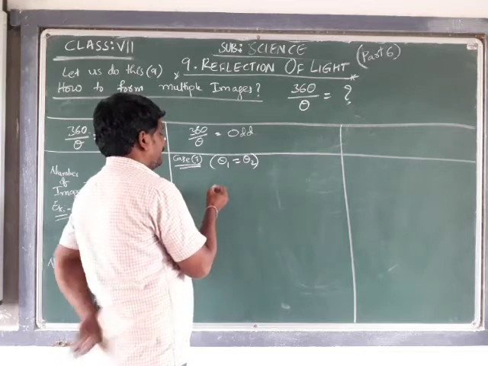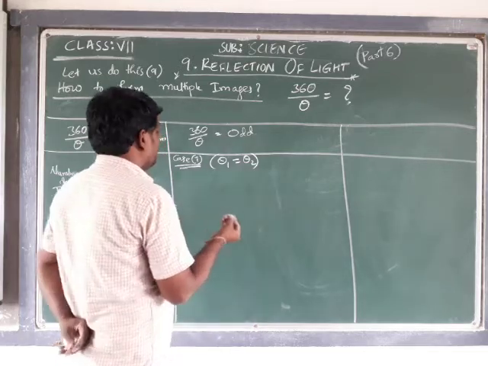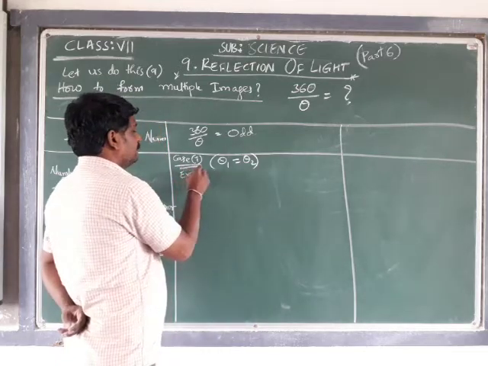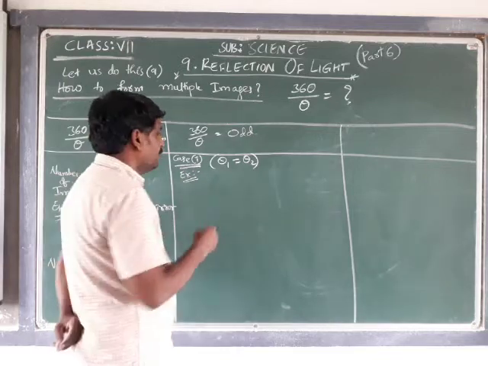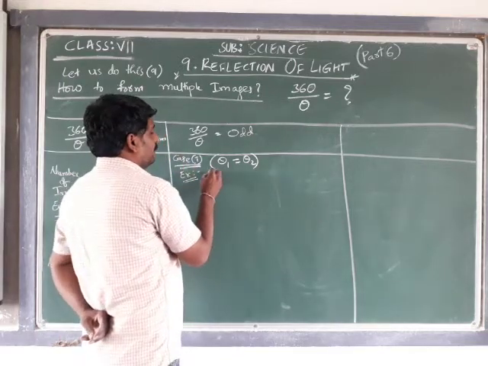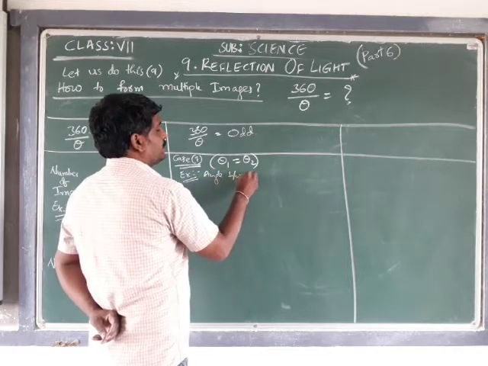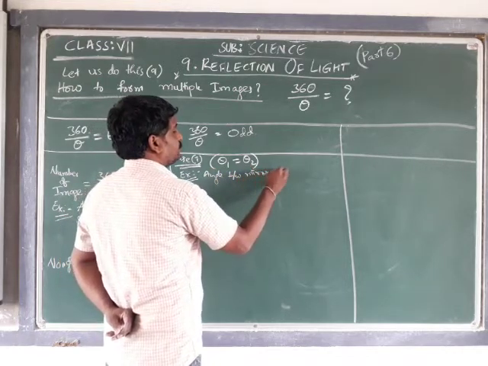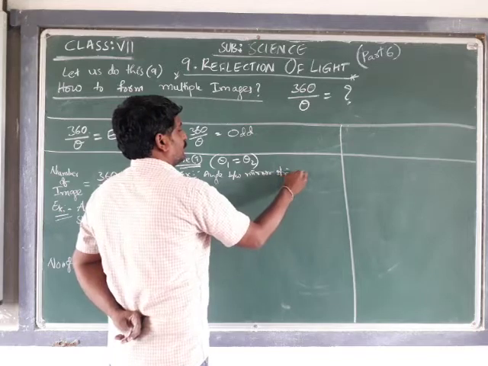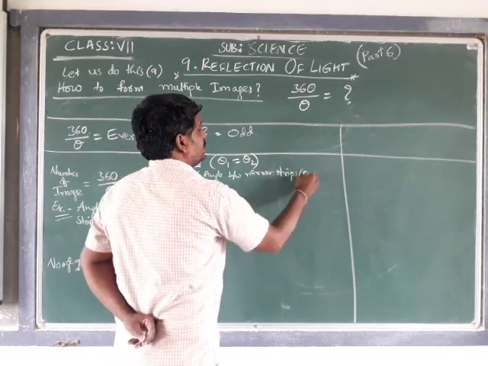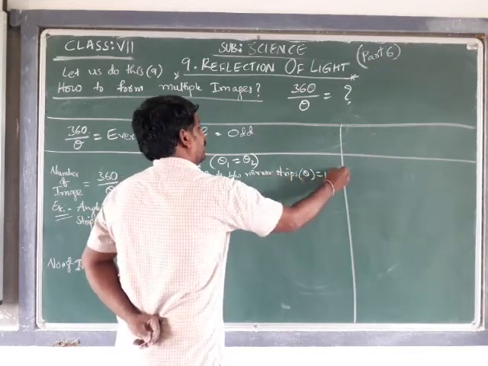For example, I am going to take the angle between the mirror strips, theta, equal to 120 degrees.